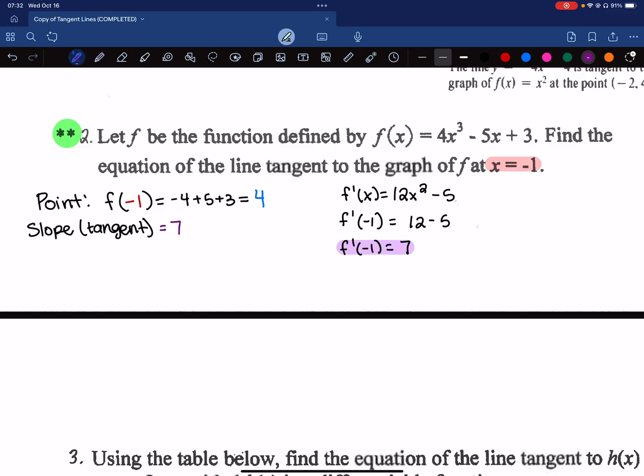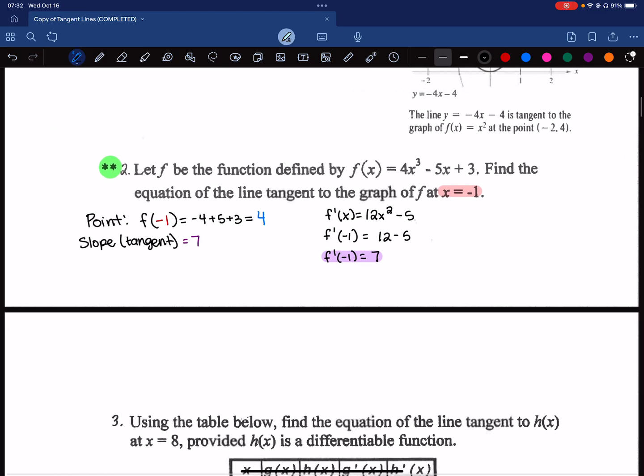So now we can write our equation. So our equation, y minus, my y value is 4, equals my slope of 7 times x minus, and I'm plugging in a negative 1, so the double negative turns that into a positive. And so that would be the equation of my tangent line.